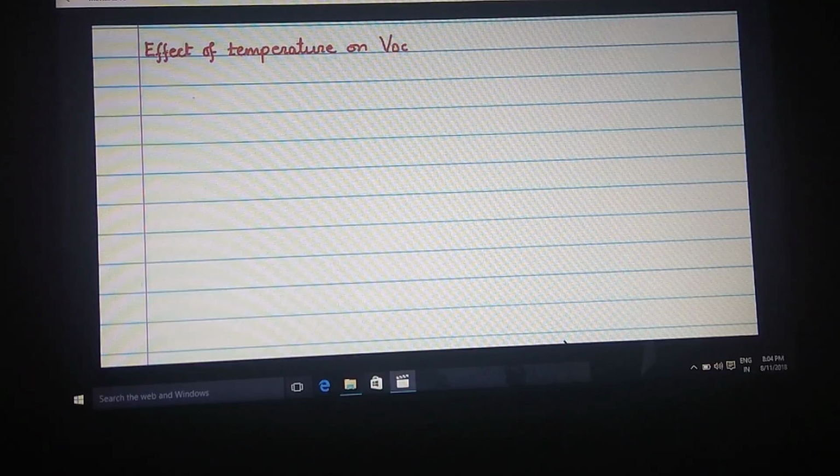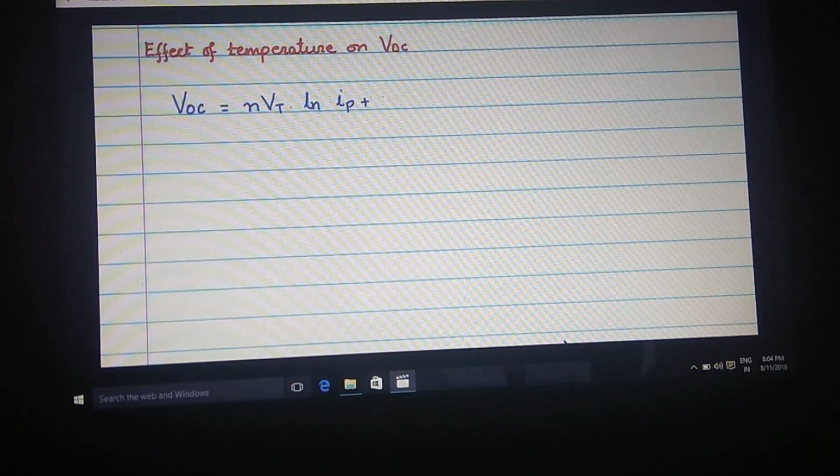With regard to the effect of temperature on VOC, the open circuit voltage, we have seen the relationship of VOC with the photocurrent in another video clip.